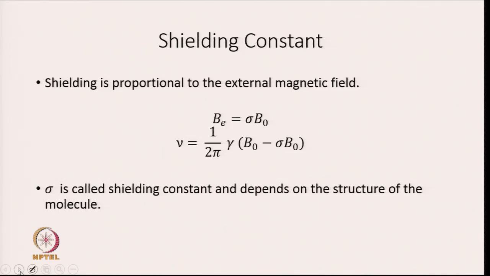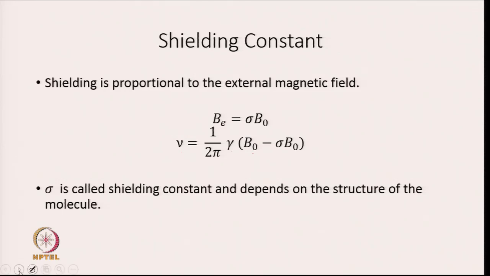So, shielding is not constant, it also depends on the external magnetic field, and B E is given by sigma into B naught, and then the frequency is 1 by 2 pi, the gyromagnetic ratio multiplied by B naught minus sigma B naught, where sigma is called the shielding constant and depends on the structure of the molecule.